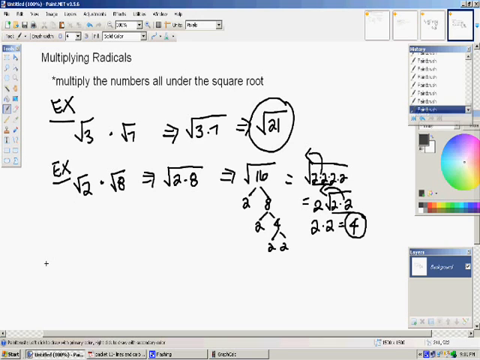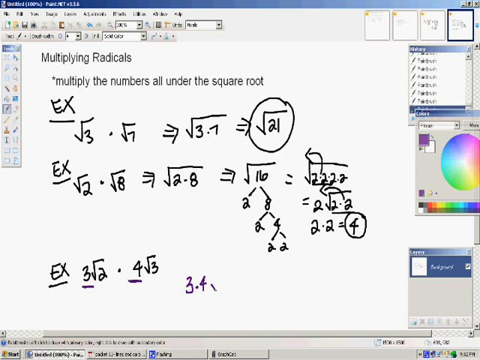Okay. What if you had radicals that actually had numbers in front of them already? What do you do in this situation? Well, let's do another example. Say like you have 3 square root of 2, and you want to multiply that by 4 square root of 3. What you're going to do first is multiply the numbers on the outside of that radical, or the outside of that house, first.